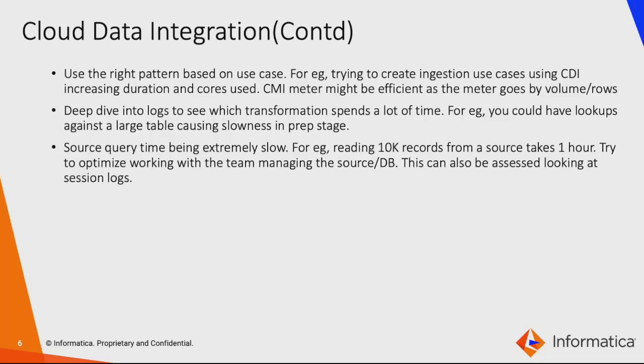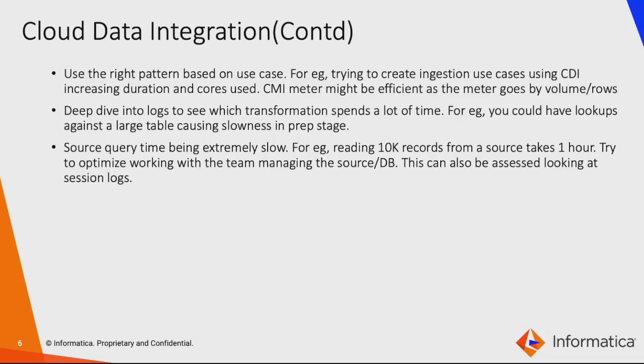For example, if you use cloud mass ingestion, it doesn't go by duration at all. It just goes by the number of rows or volume. Whereas in CDI, you might have an inefficient mapping running for a really long time when it's actually just an ingestion use case, right? So that's another thing you could take a look at to make sure you're using the right services for your mappings or tasks, or rather your use cases.